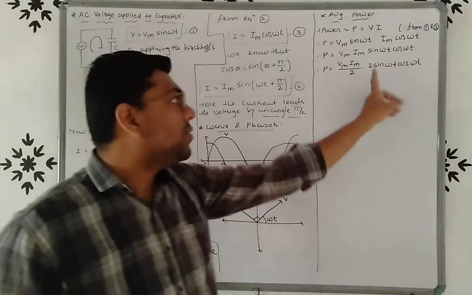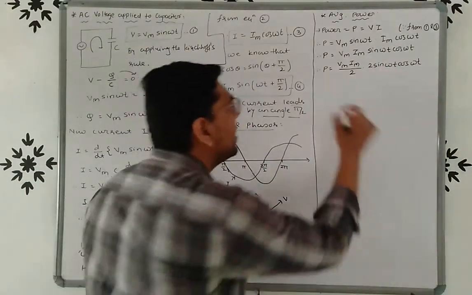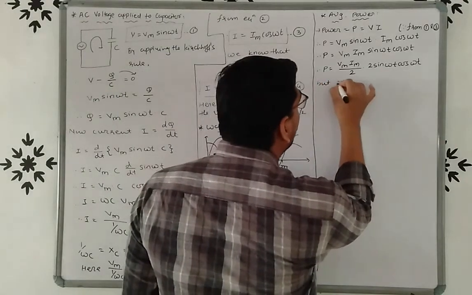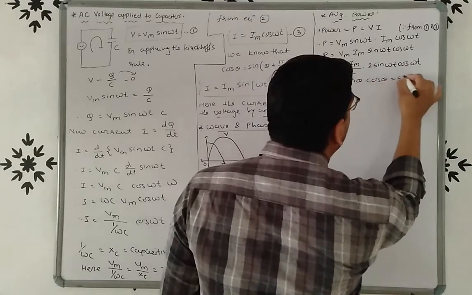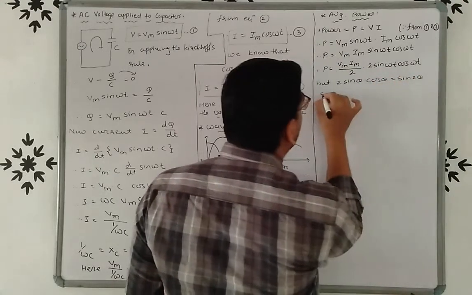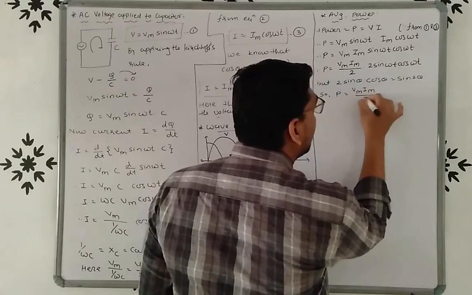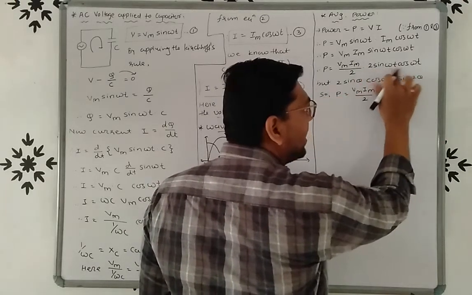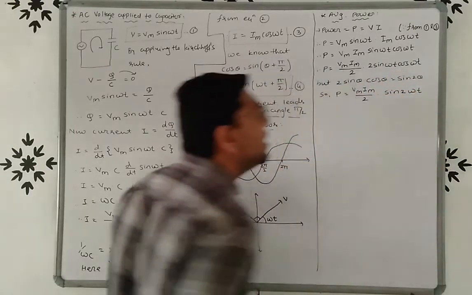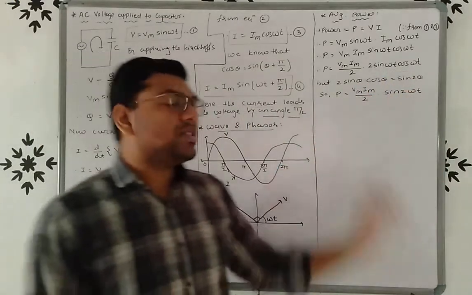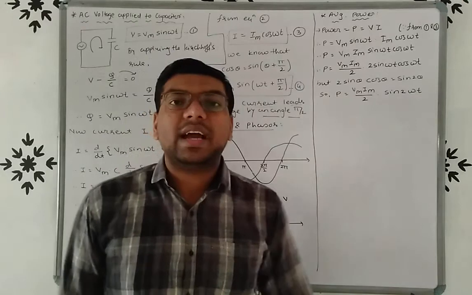Since 2 sin theta cos theta is sin 2 theta, the equation of power is P = Vm Im by 2 sin 2 omega t.